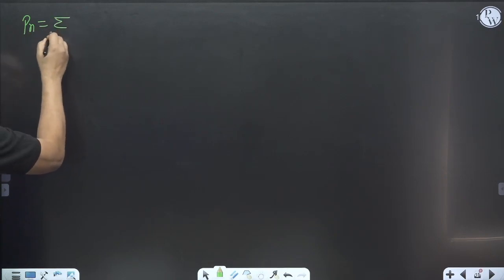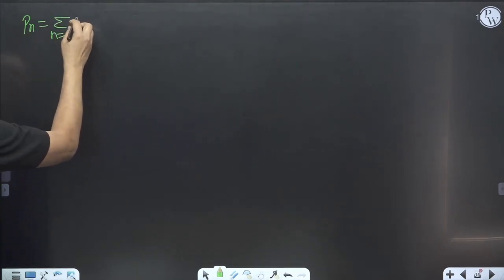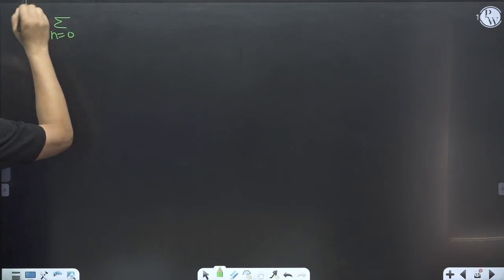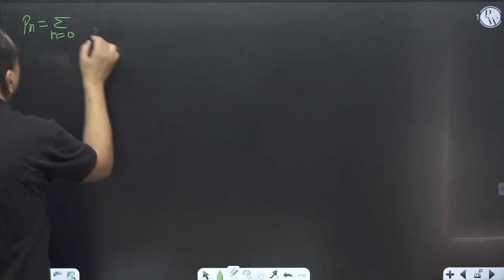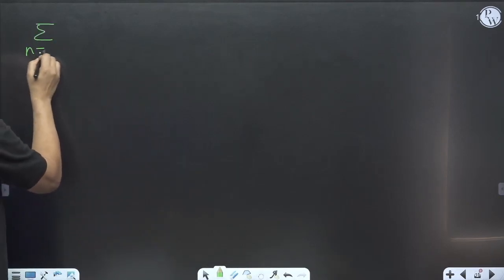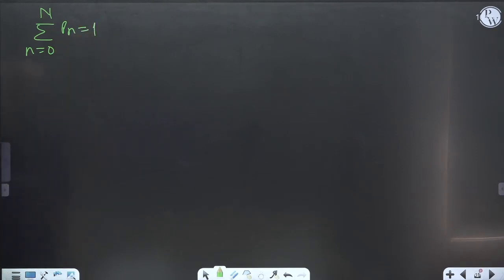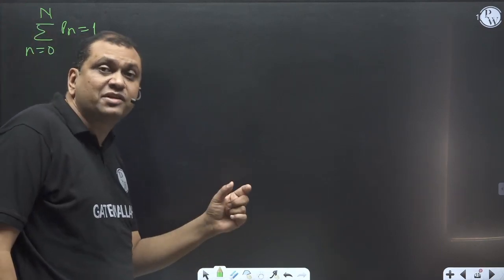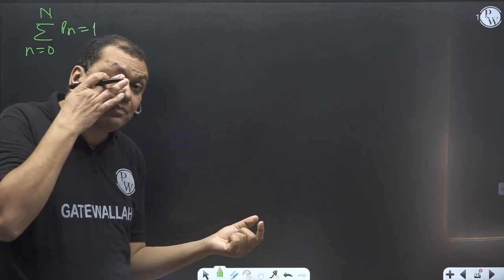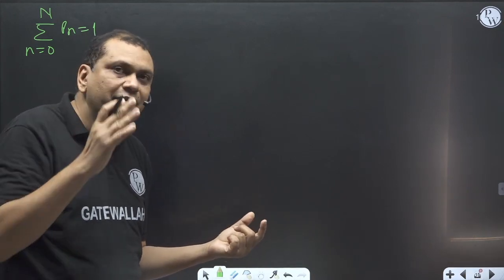Our basic formulas: summation n is equal to 0 to capital N, Pn will be equal to 1. Previously it was infinite. In those formulas, replace infinite with N. N is called system size. In this particular problem, the system size is 10.